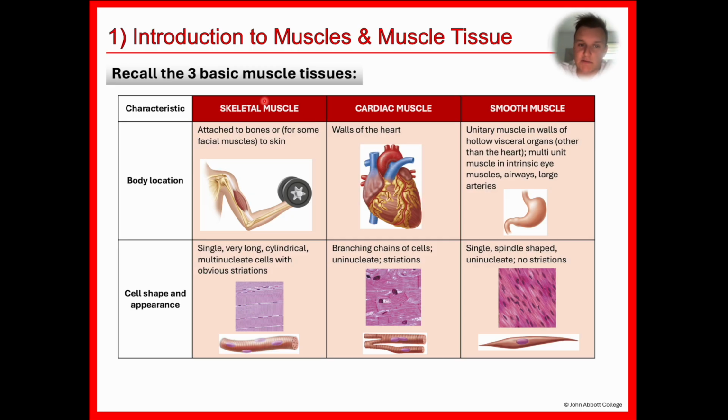For skeletal muscle, let's talk about its location. These are attached to bones, or for some facial muscles to skin, but it's mostly bone to bone, right? Over here you have a bone, and here you have a bone, and this muscle here, the biceps muscle, is attaching this bone to this one, and as it contracts, it could pull on this bone, and it could really change the angle of your arm, right?